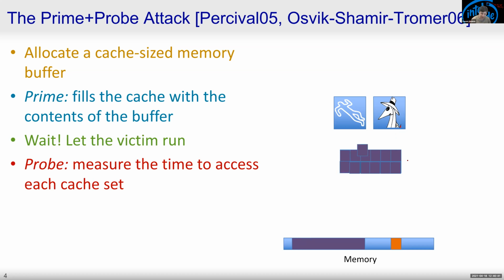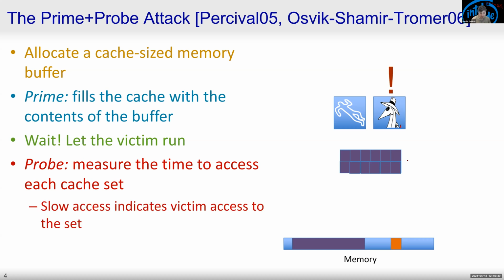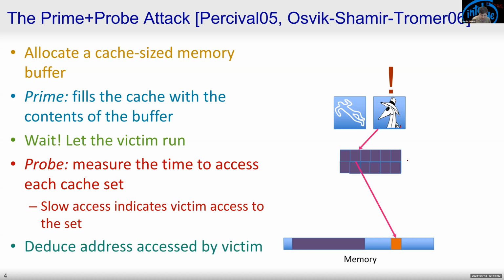Why slow? Because it got evicted due to the activity of the victim. Which means that as soon as you see slow memory accesses, you know that the victim touched something. And not only that, because of the structure of the cache, if you know your address that got evicted, you can deduce which address was accessed by the victim.